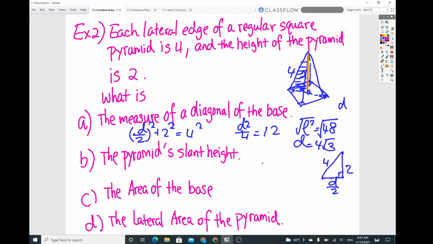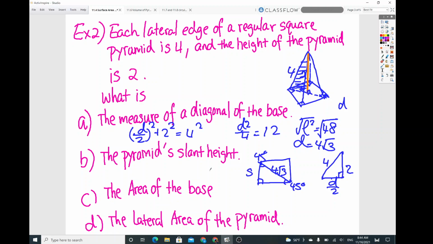We already know the diagonal, which is 4 root 3. This one's a 45-45-90 triangle, so the side would be 4 root 3 divided by root 2, using the special ratios.